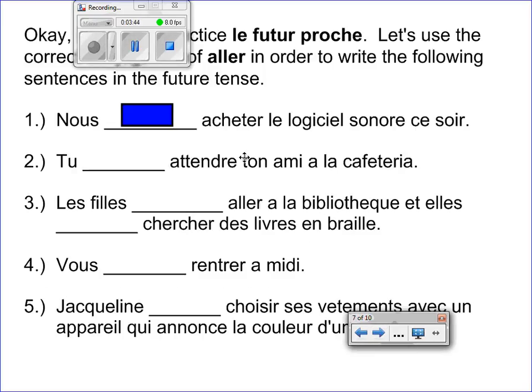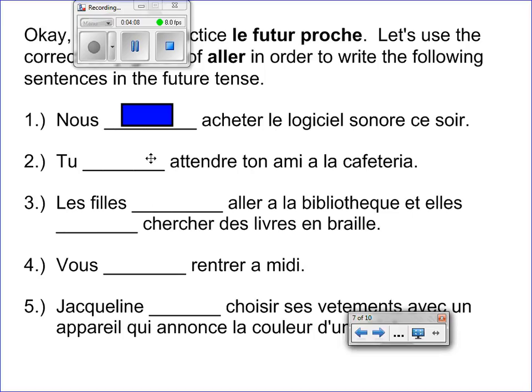So let's try this out. Okay, I've got 5 questions here in which we're going to practice le futur proche. For each statement here, we need to fill in the correct conjugation of aller in order to put each sentence in the future tense. So I'll do the first one for you.